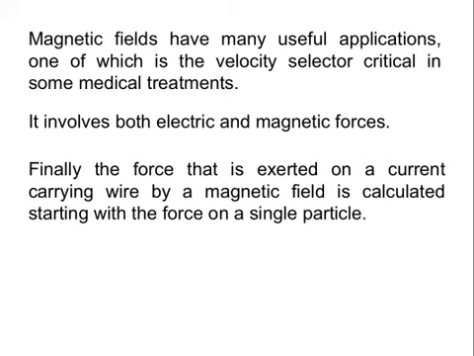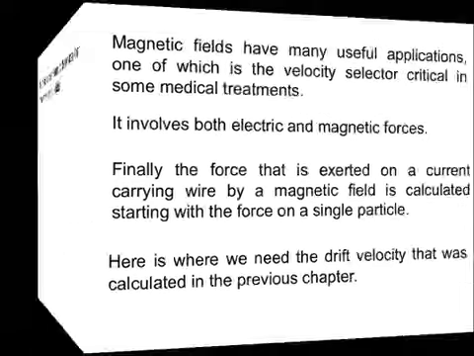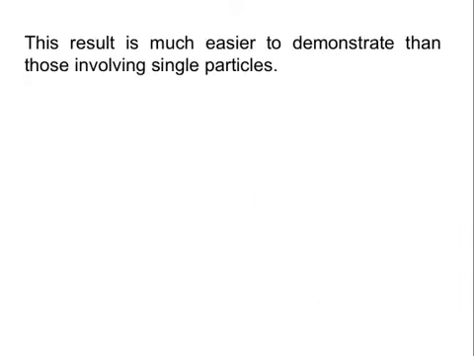Finally, the force that is exerted on a current-carrying wire by a magnetic field is calculated starting with the force on a single particle. Here is where we need the drift velocity that was calculated in the previous chapter. This result is much easier to demonstrate than those involving single particles.